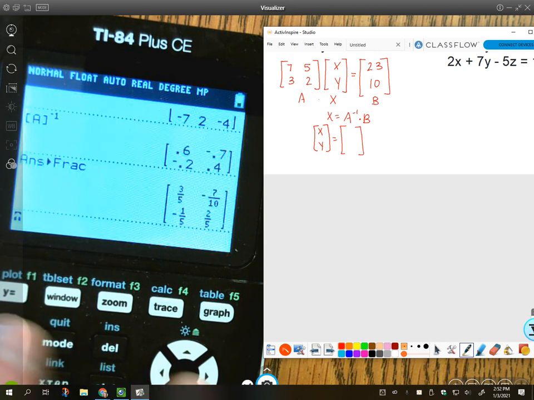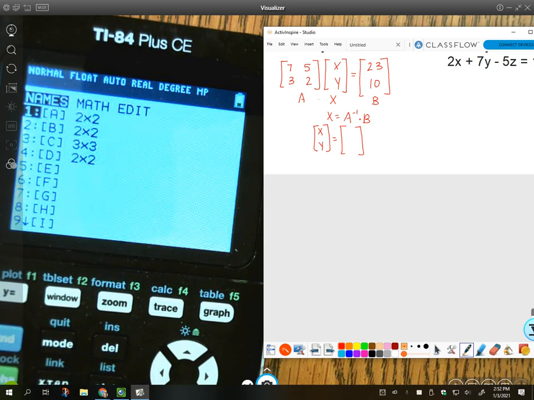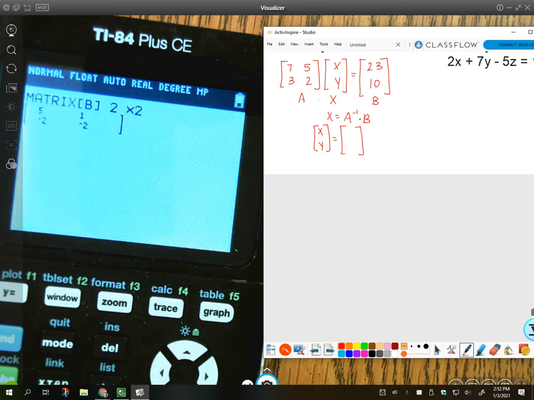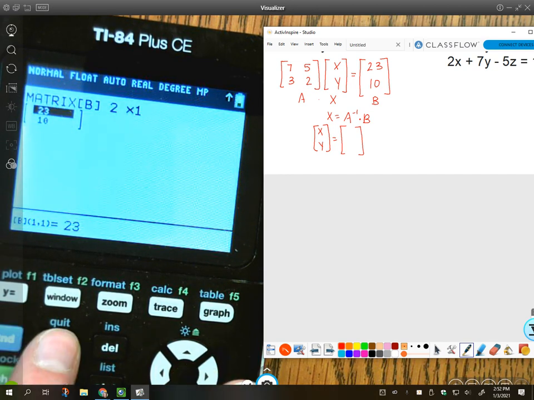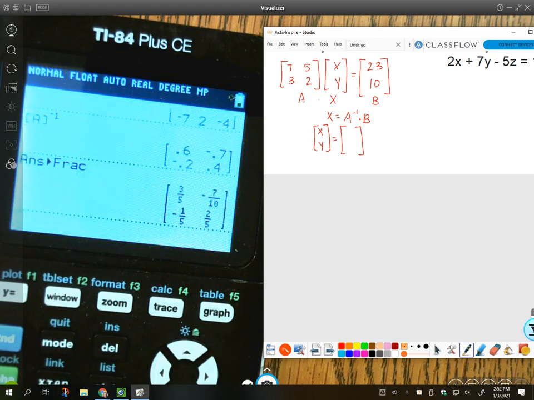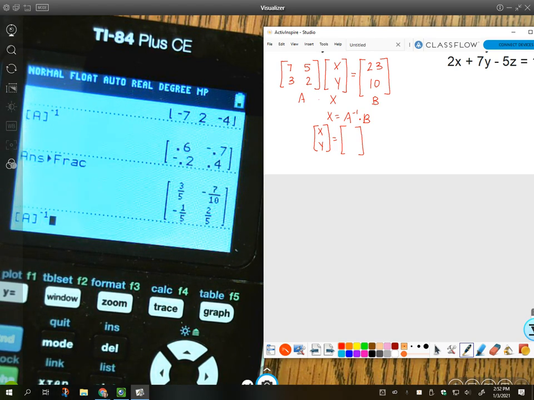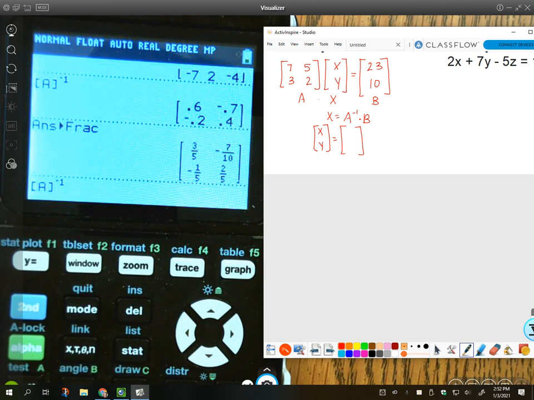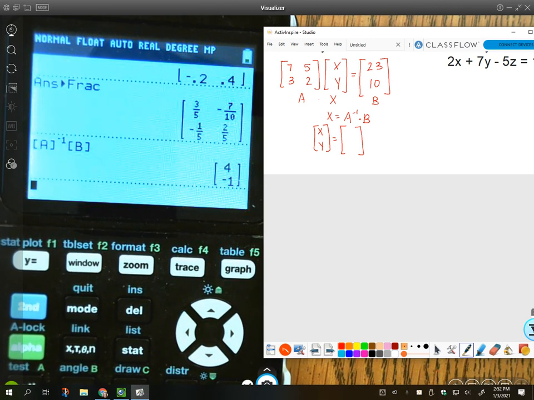Second, click back to matrix, over to edit. Now choose matrix B. It's a 2 by 1 with the numbers 23 and 10. So now if you tell it to do matrix A inverse times matrix B, then it tells you that we get 4, -1.